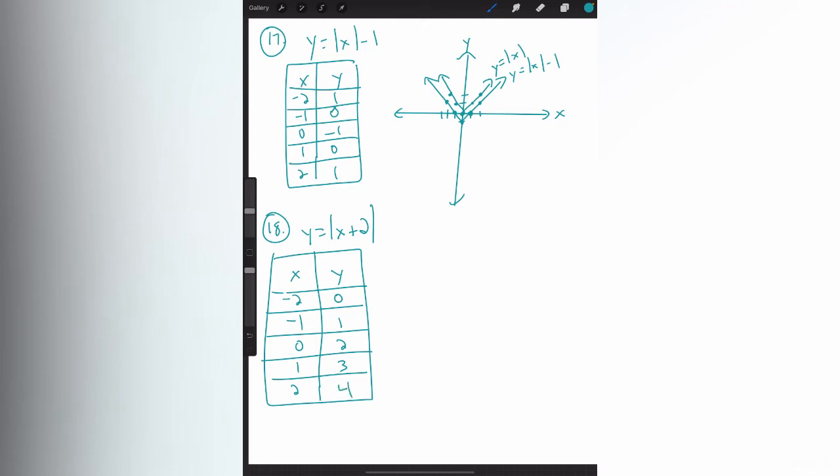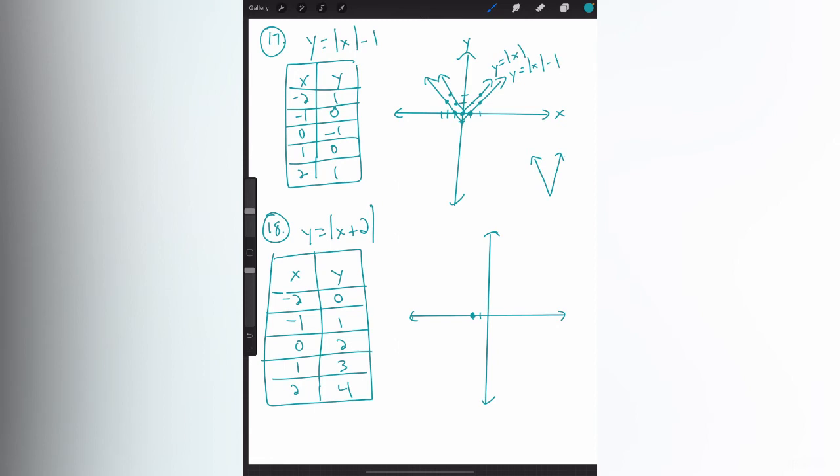If I were to graph this, check this out. This is where you start to run into some interesting, I wouldn't say problems, but you end up seeing that I'm going to have to keep working. Remember that all my absolute values should be a V shape, right? Remember I told you that? Well, check this out. So if I graph this, I have negative 2, 0.